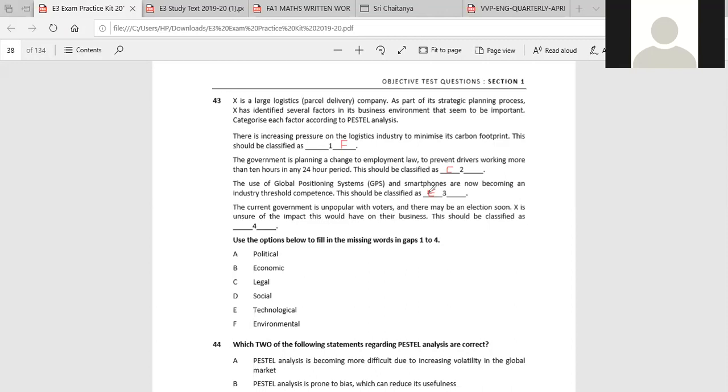The current government is unpopular with voters and there may be an election soon. X is unsure of the impact this would have on their business. This should be classified as dash.